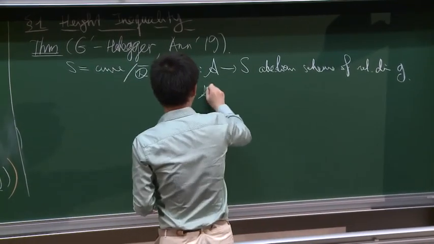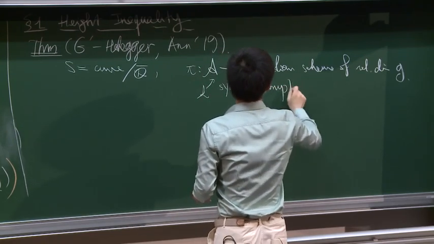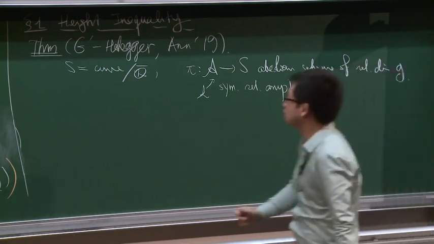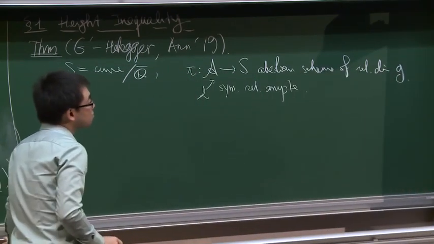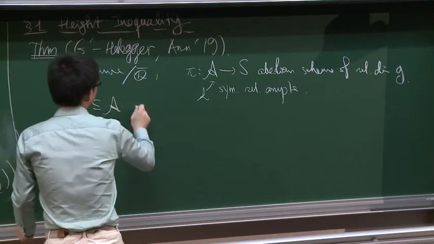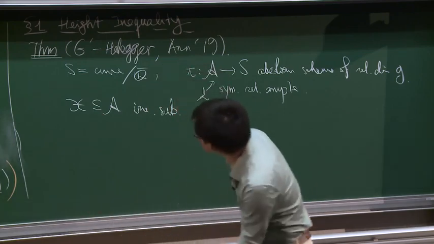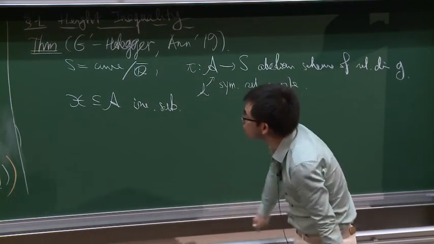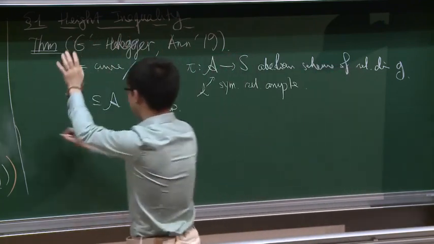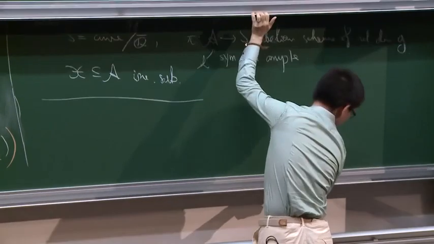And L be a symmetric, relatively ample line bundle on it, so that now we have a fiber-wise defined Néron-Tate height. Let X be an irreducible subvariety, dominant or not, it doesn't matter. Closed irreducible subvariety. Then, okay, this is the setting.